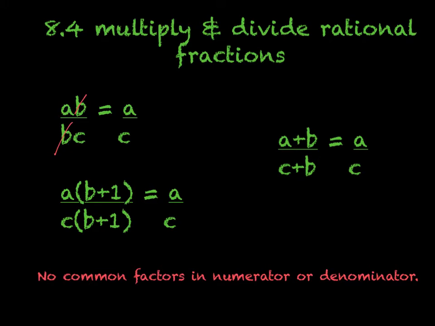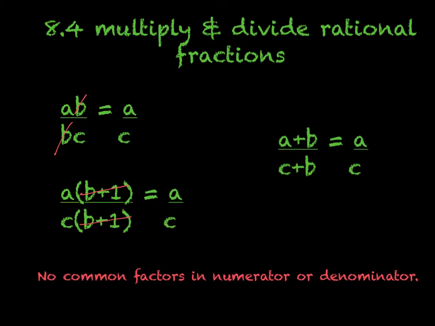I have A times (B plus 1) over C times (B plus 1). B plus 1 is a common factor in the numerator and the denominator, so I'm going to cancel that out, and I would be left with A over C.